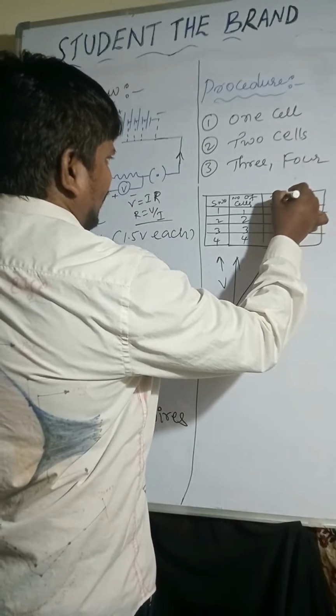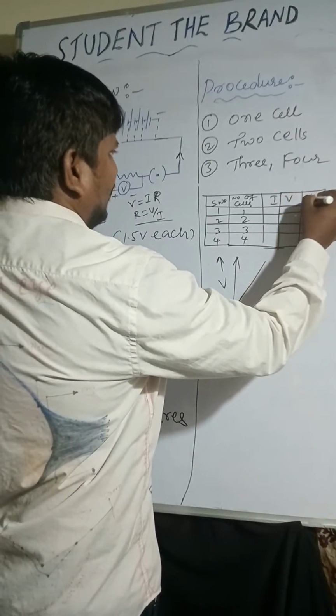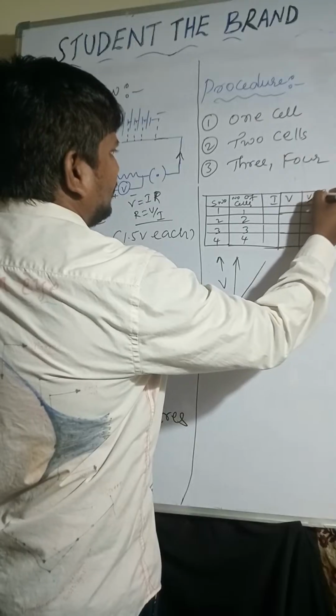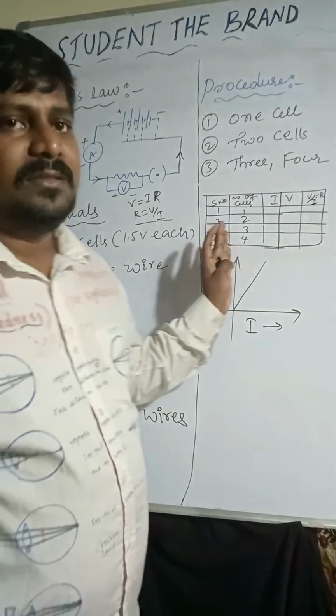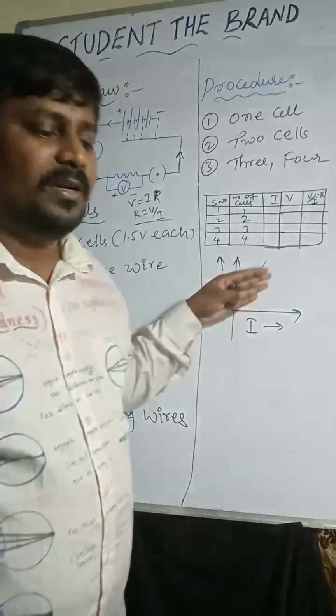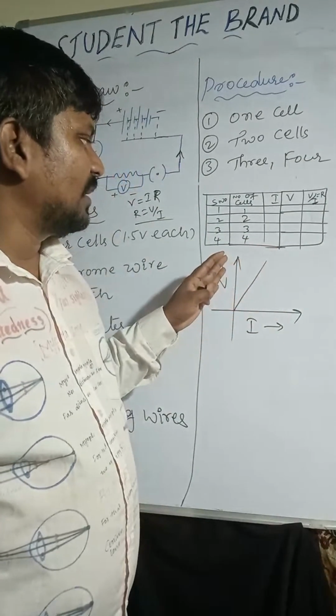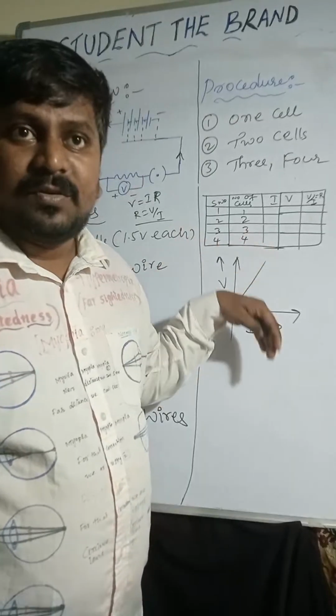V by I is equal to R. So the graph is a straight line passing through the origin. The graph is linear starting from the origin.